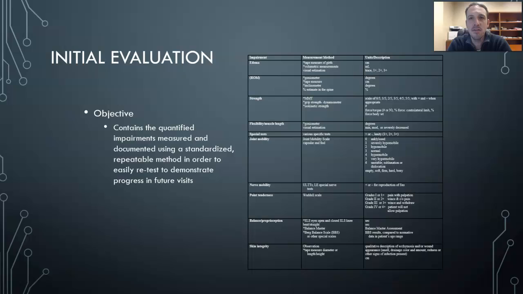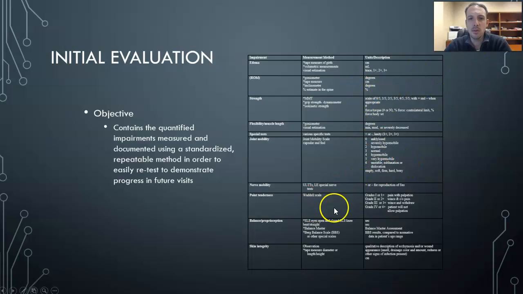Otherwise, you need to define it yourself. Right? So you can define the strength yourself using whatever terms you want, but you need to mention that that is what you're doing. So really, when you do a 5 out of 5 strength, meaning that they had full strength against a break test, really that is 5 out of 5 all Kendall, meaning according to how Kendall described it in the manual muscle tests that you learned.